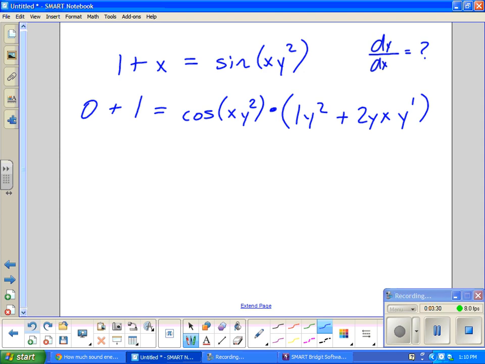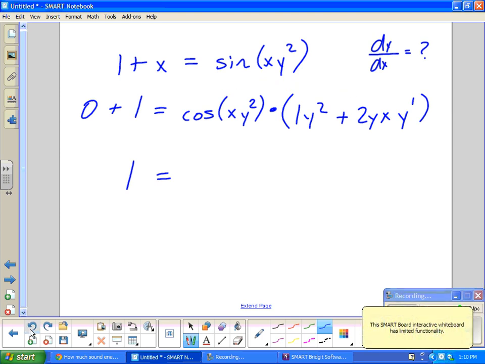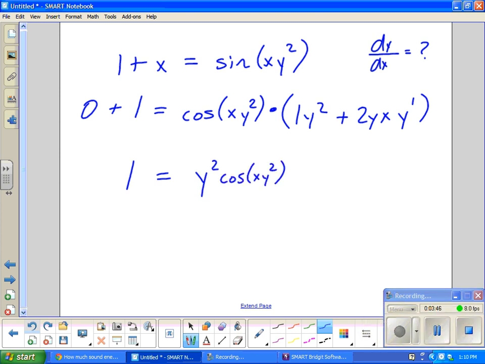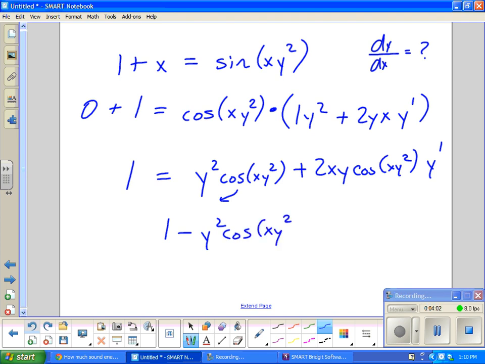Now the nice part about this problem is there's only one y prime, but we have to get it all distributed. So I get 1 equals, and I distribute the cosine of xy squared to both of these terms. So I get y squared cosine of xy squared, the argument, plus 2xy cosine xy squared y prime. 1 minus y squared cos xy squared equals 2xy cos xy squared y prime.